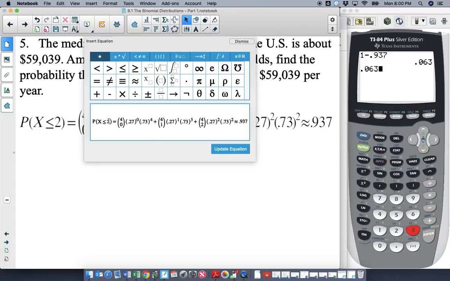We want the probability that X is greater than or equal to 4, which is the same thing as 1 minus the probability that X is less than or equal to 3. Right? Because if I want 4 or 5, then I am doing 1 minus the probability that X is less than or equal to 3.